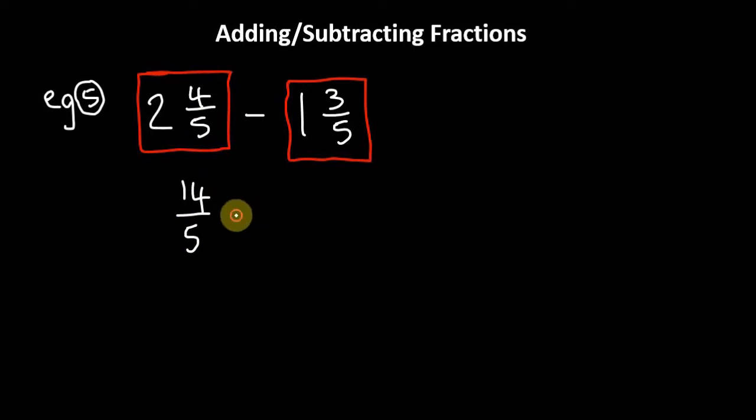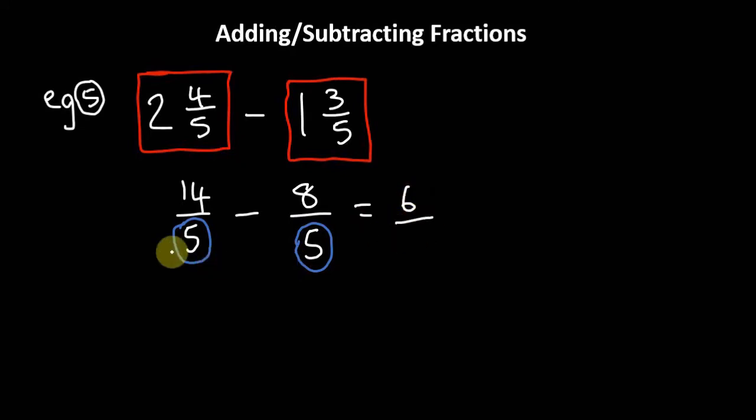All right, minus 1 times 5, that's 5, plus 3, that's 8/5. Now, once it is in this form, we can go ahead and do our subtraction because as we notice here, the denominators are common. So 14 minus 8, of course, that's 6 over the common denominator, which is 5.